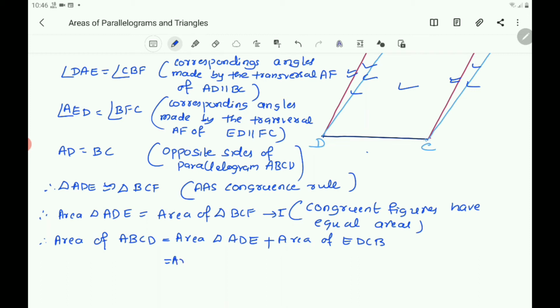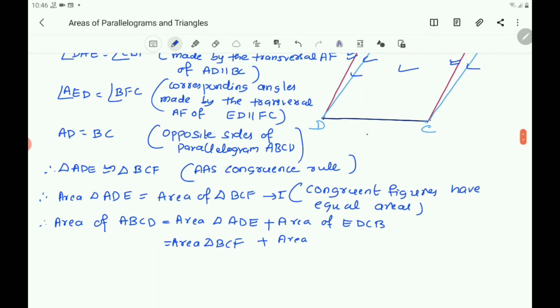Therefore you write area of triangle BCF plus area of EBCD, or EDCB.